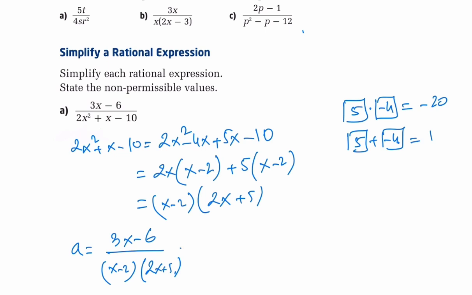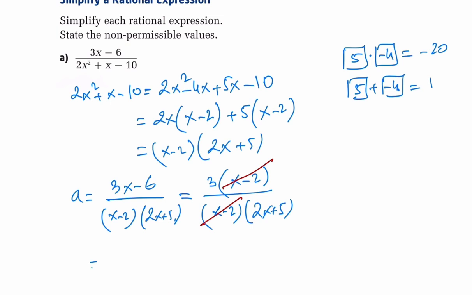And this is the same as, if I factorize by 3, 3 times x minus 2 over x minus 2 times 2x plus 5. So now I can cross out my x minus 2 from the top and the bottom, and I will end up with 3 over 2x plus 5. I just simplified my expression.